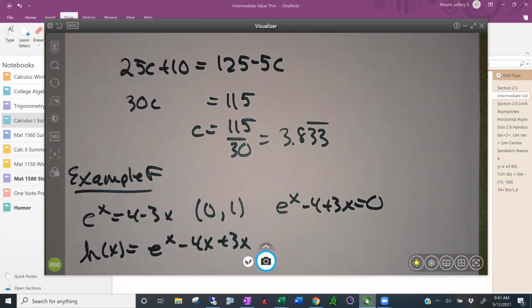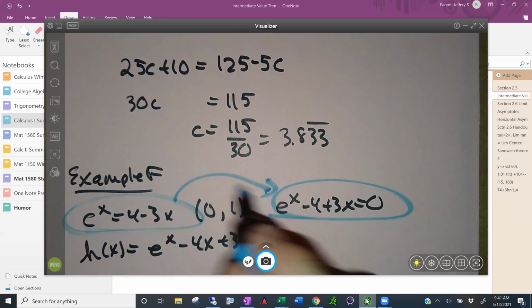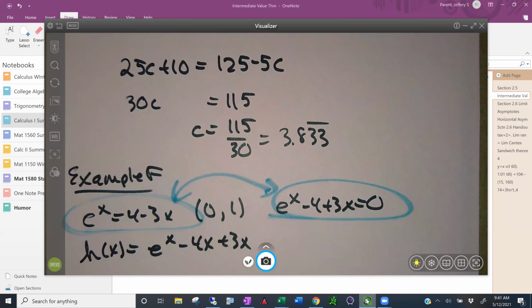But notice these two things are equivalent. This is true exactly when this is true. They mean the same thing. So if this is true, then this is true, or vice versa.